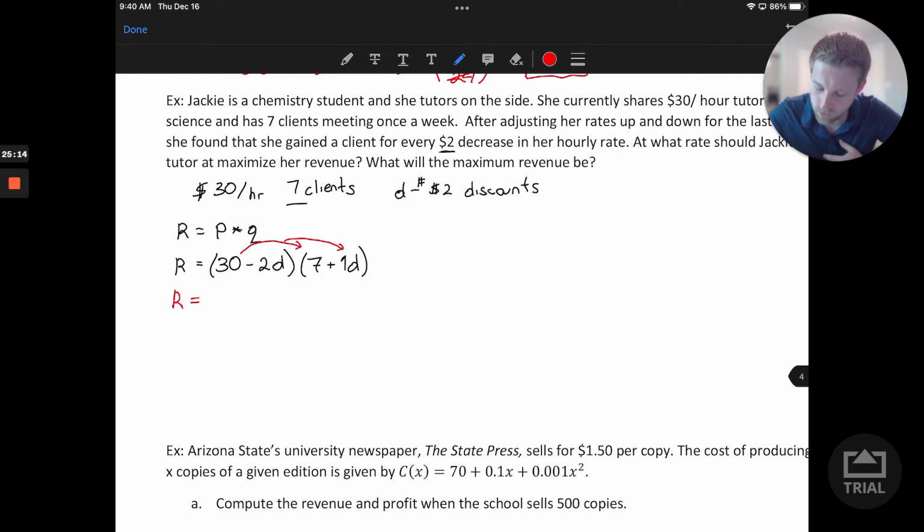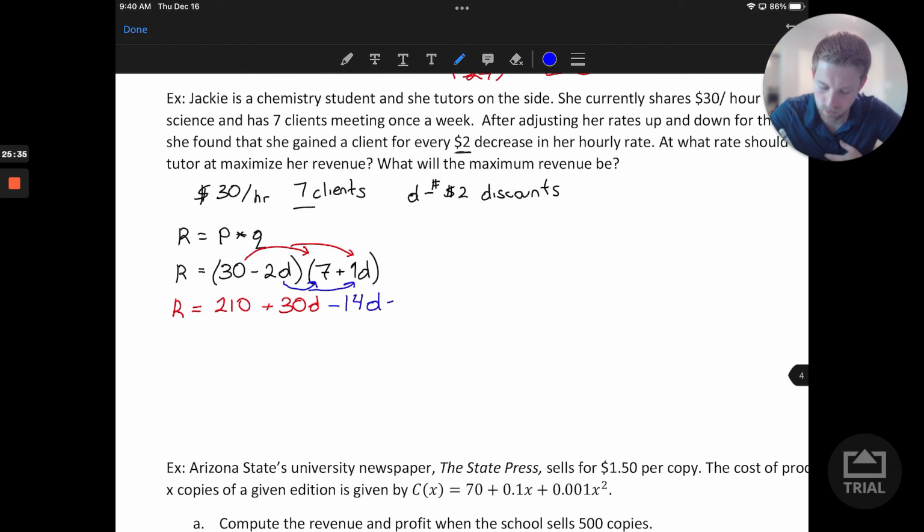So that would be revenue is 30 times 7 plus 30 times D. And we'll have our bottom products, negative 2D times 7, that would be negative 14D, and then negative 2D times D again, that's negative 2D squared.